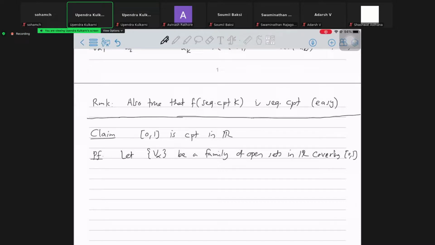So that means the union of all of these V alphas contains this closed interval. And I need to show that there is a finite subcover. Now this is the nifty definition.